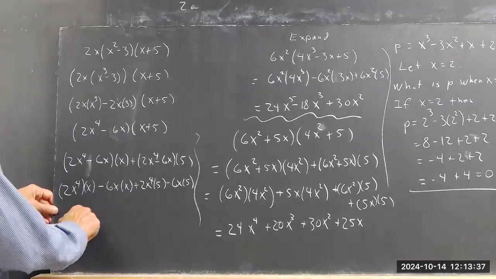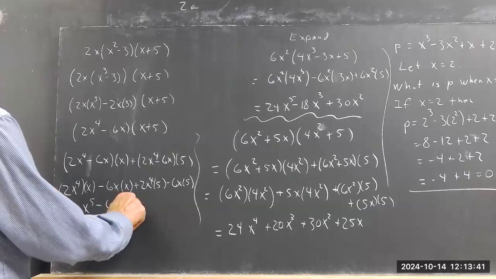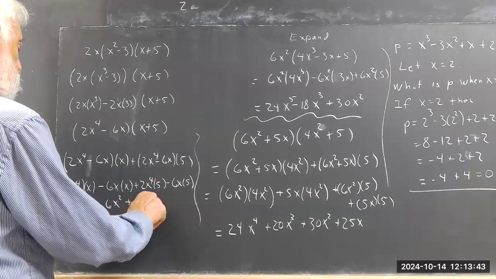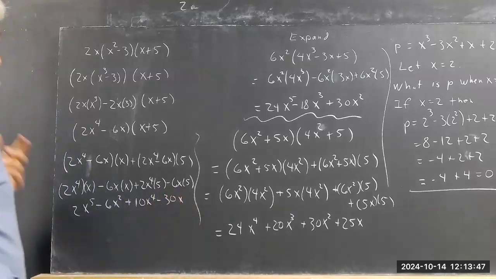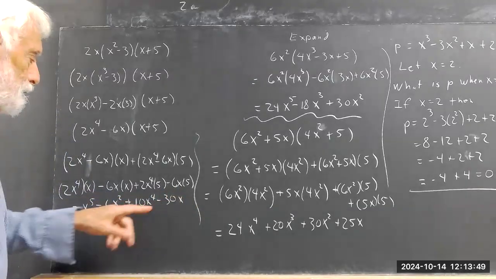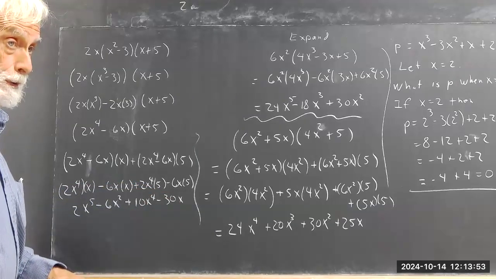Now, when you do that, you get 2x to the 5th minus 6x squared plus 10x to the 4th minus 30x. Now we're going to write that in order of powers, order of exponents, okay?